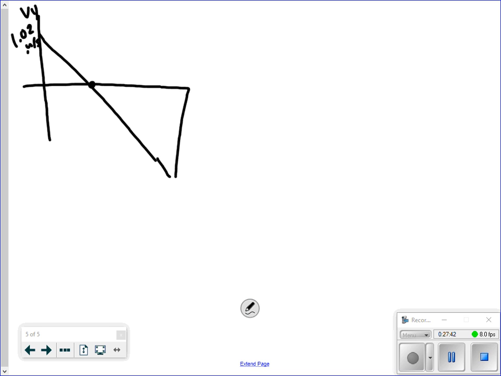All right, and that's going to be velocity of 0, time of 0.104 seconds, and then this turned out to be 0.053 meters. Oof, that's really hard to read.